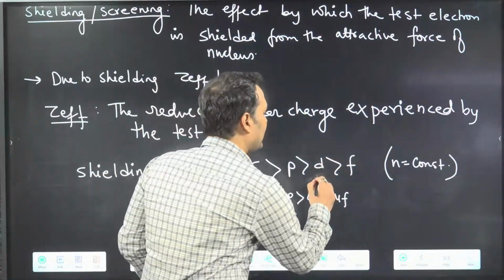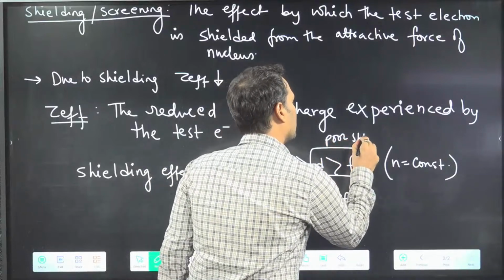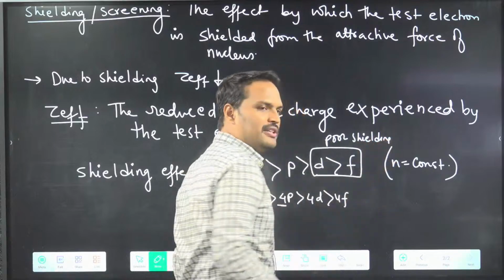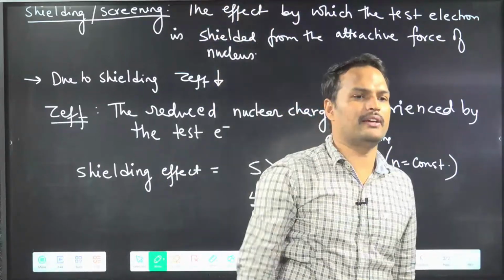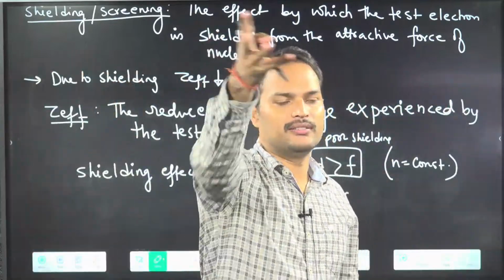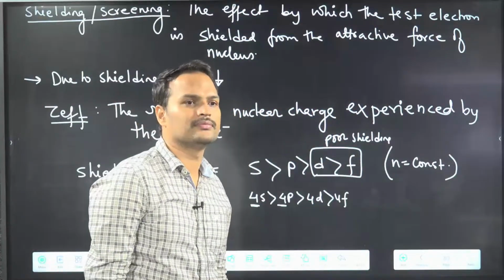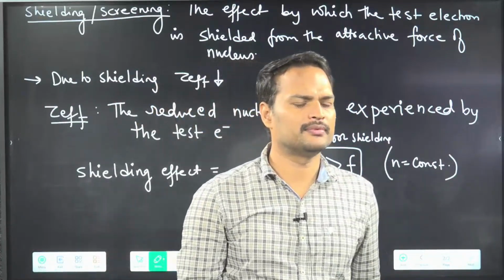If F is there, poor shielding. Kanchana will come and take you away. Shielding is very poor, force is more, you are attracted, gone. Understood the point, everyone?